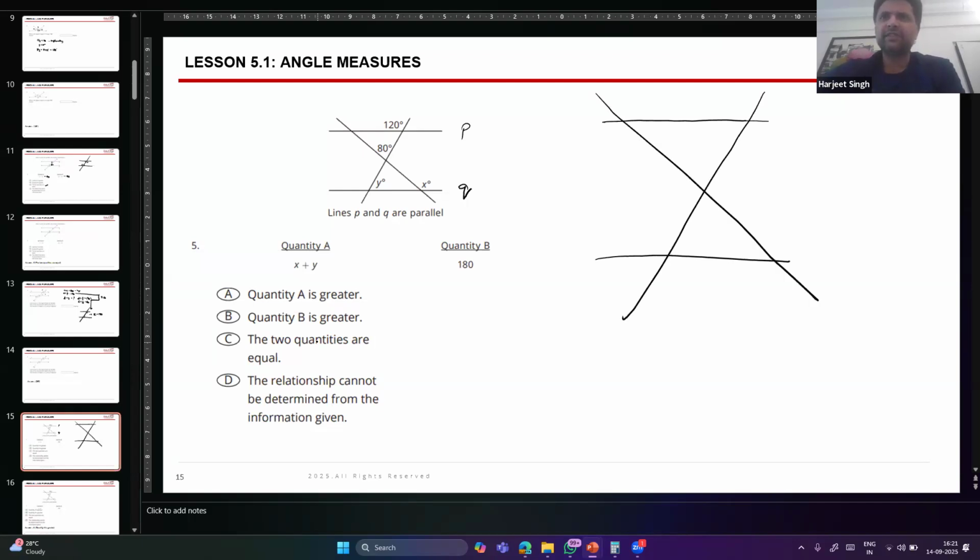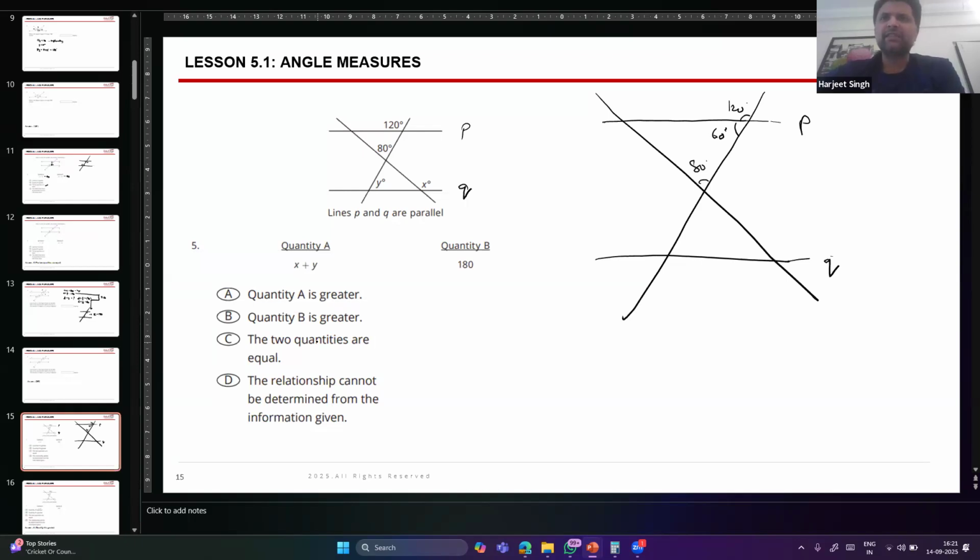A lot of things given here. So can I say this angle is 120? This one. So this will be 60 degrees, right? This is given to be 80 degrees already.